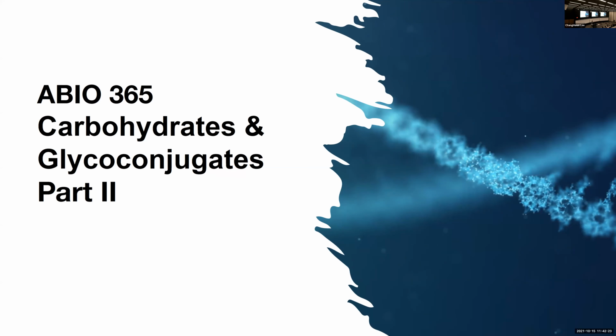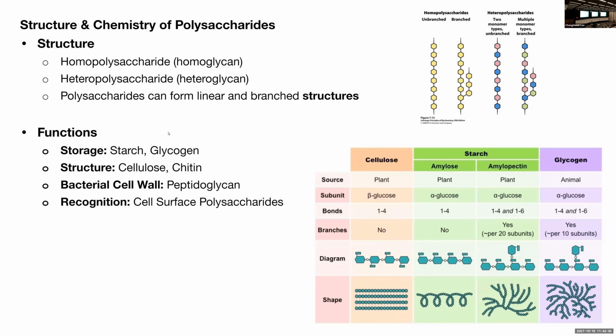And also, we're going to talk about the glycoconjugates, basically the proteins that are conjugated or connected with the simple sugars. All right. So, like I told you, we're going to talk about the polysaccharides and some oligosaccharides today too.